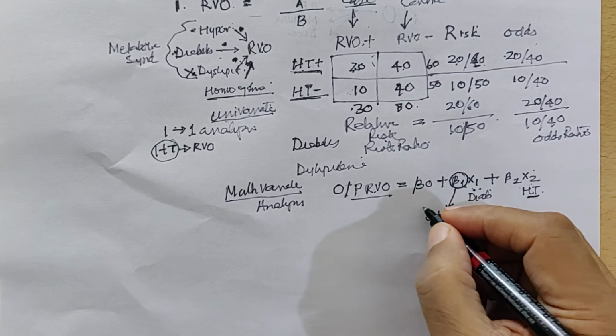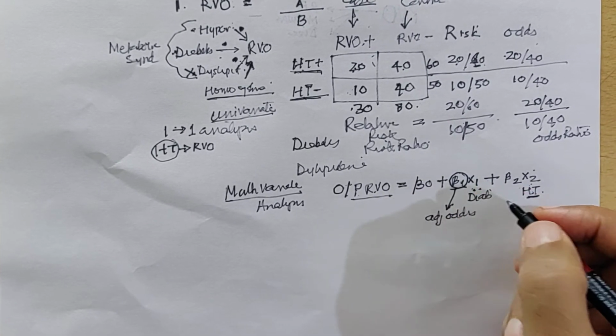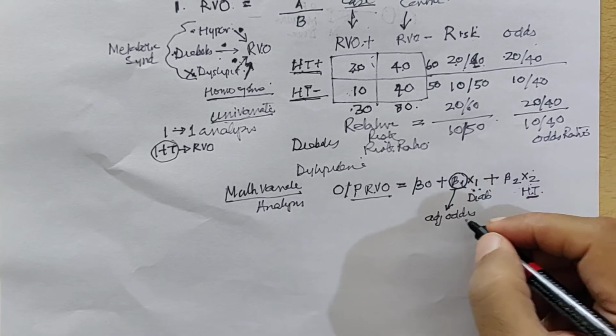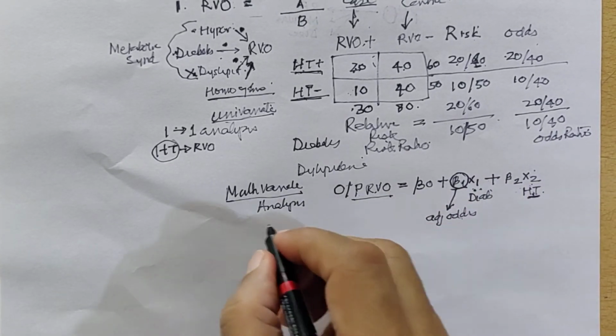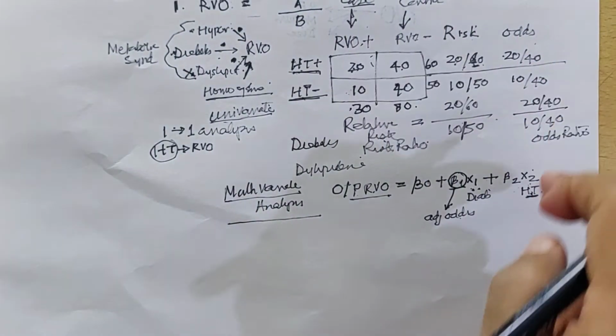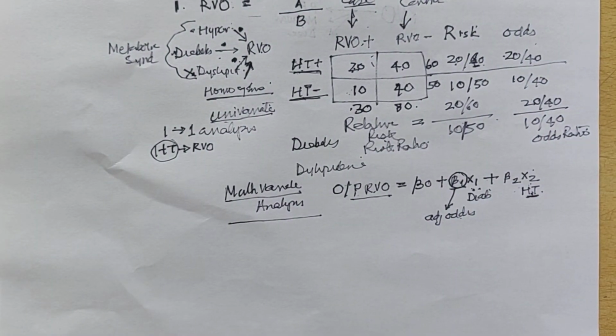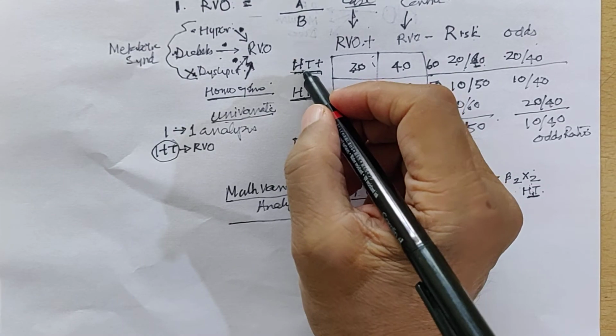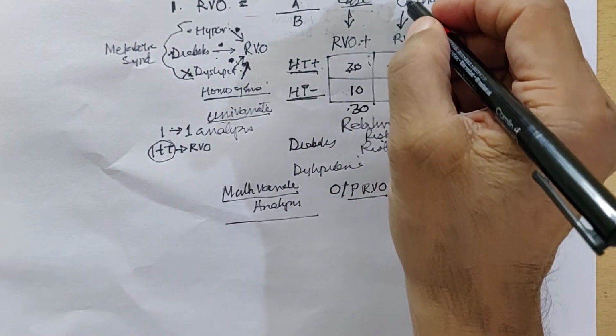The adjusted odds are the exponential of this beta 1. So it is adjusted for hypertension. This is the principle of multivariate analysis that you will use in this case. And the major problem was how to get these values in controls.